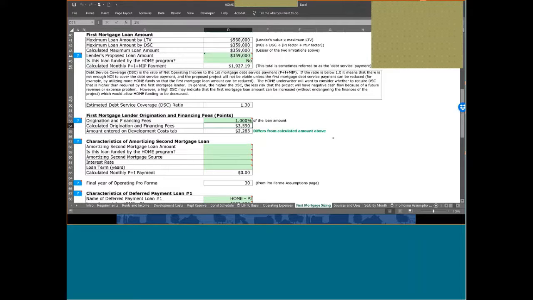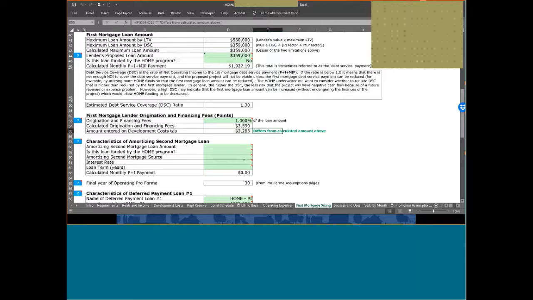On a $359,000 loan, that is going to be $3,590, but on our development cost worksheet, it says $2,283, and the model is telling us that there's a mismatch between that input and the data that we're underwriting to. So we're going to fix that.